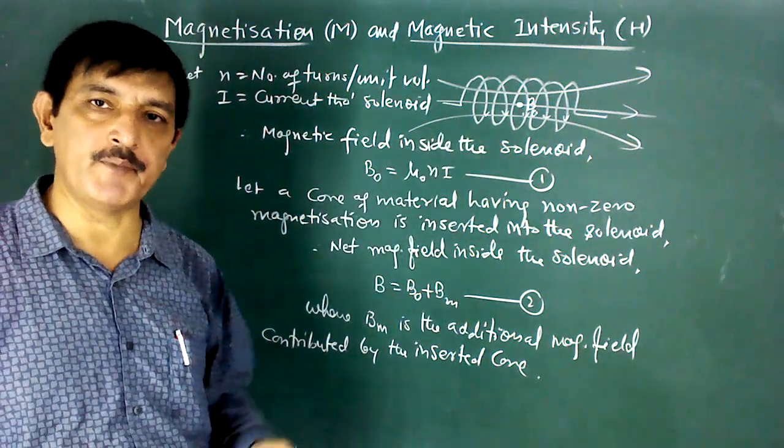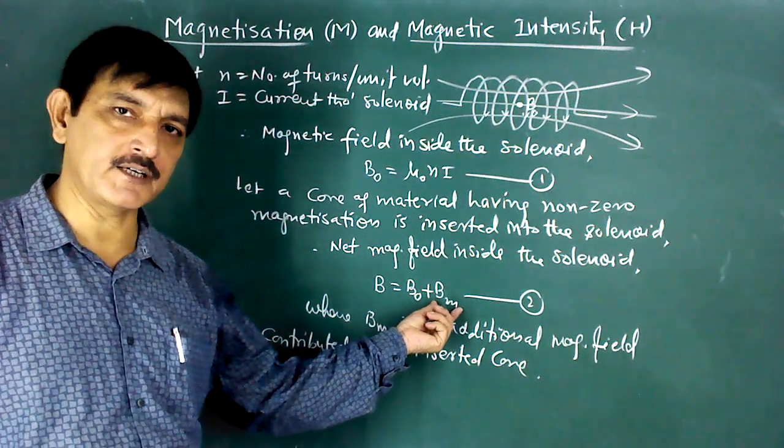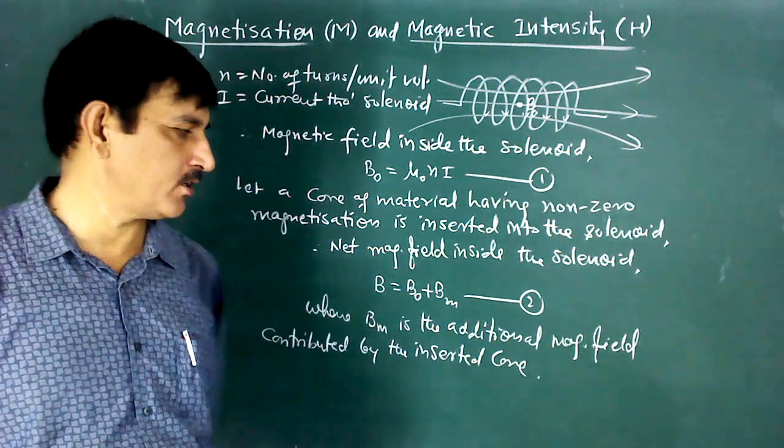The larger the value of magnetization produced in the core, the larger will be the value of Bm, that is the magnetic field contributed by the core.